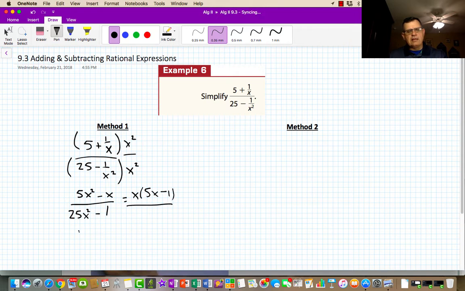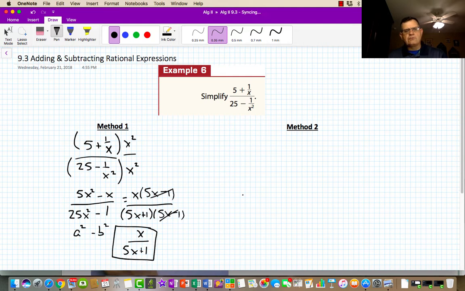And this is a squared minus b squared, where a is 5x and b is 1. So this is going to turn into 5x plus 1, 5x minus 1. The 5x minus 1's cancel. I end up with x over 5x plus 1. And there's the answer. Let's try it a different way, though.